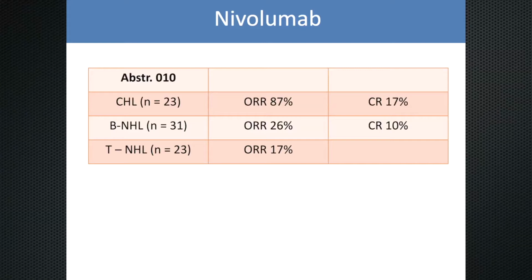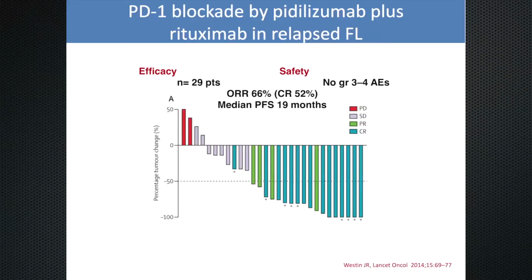It's not as good as we expected. Studies are ongoing. There are discussions of how we can perhaps combine this approach with other approaches, but it has been less than spectacular alone.